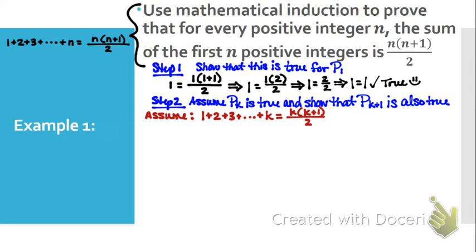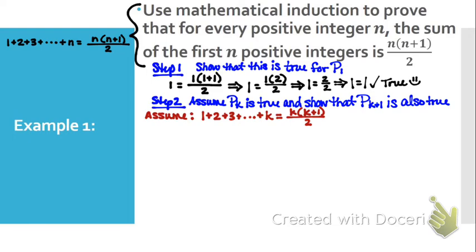This is the sum of the first n positive integers, and I'm ending with k because we're talking about P sub k. So far, so good? That is equal to, instead of n, I'm replacing it with a k here. So k times k plus 1 over 2. We're just beginning with, suppose for a minute that that's true. If I can use that fact to prove that P sub k plus 1 is true, then it is true for all values.